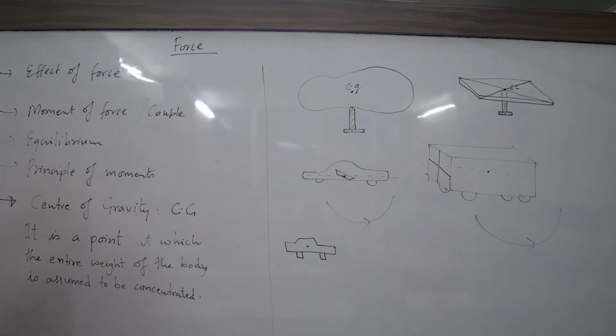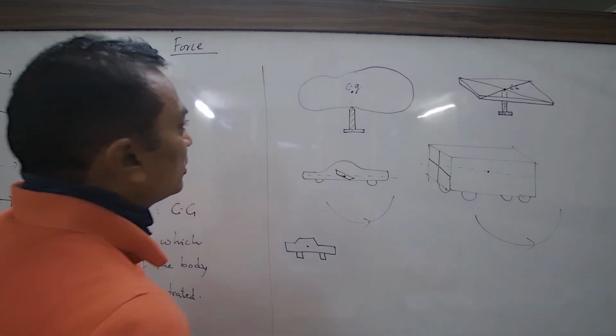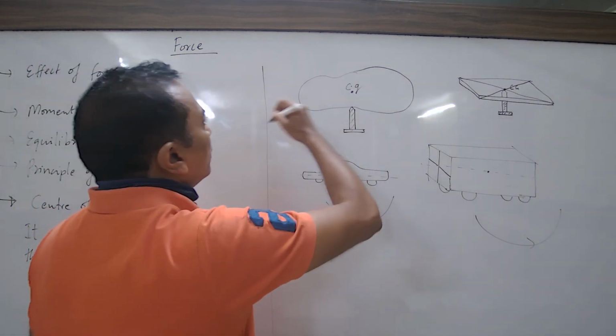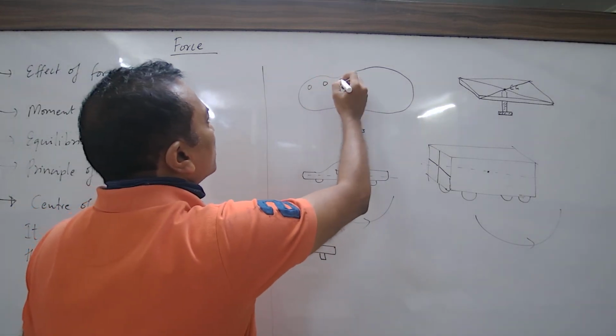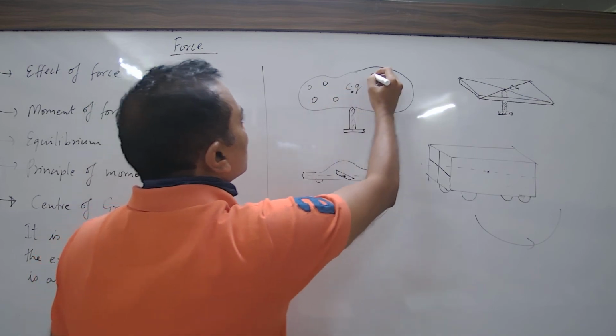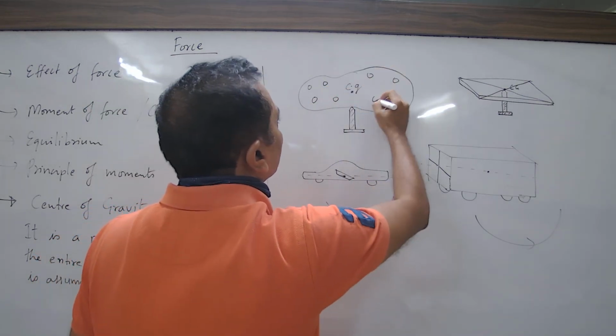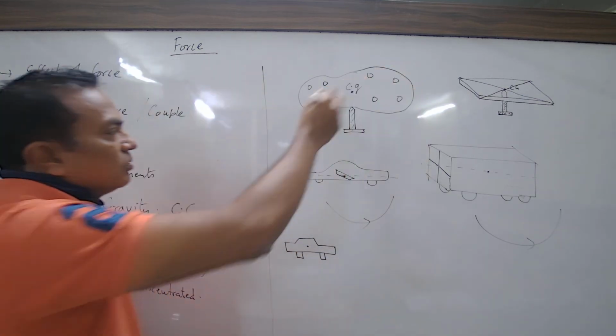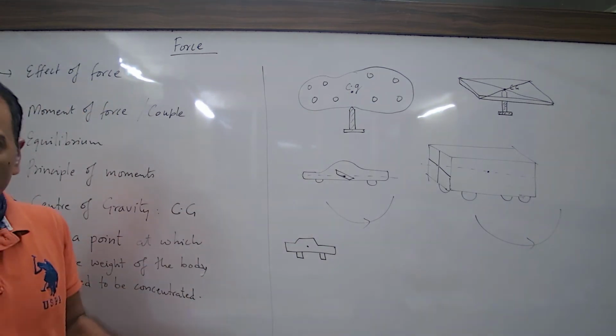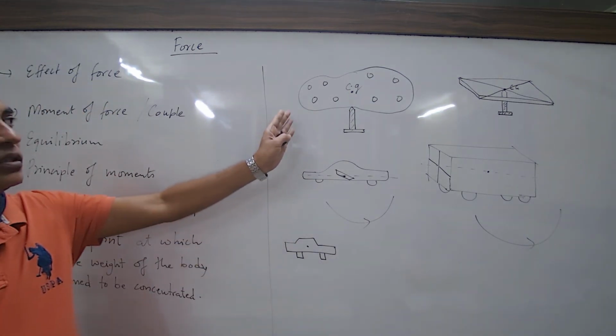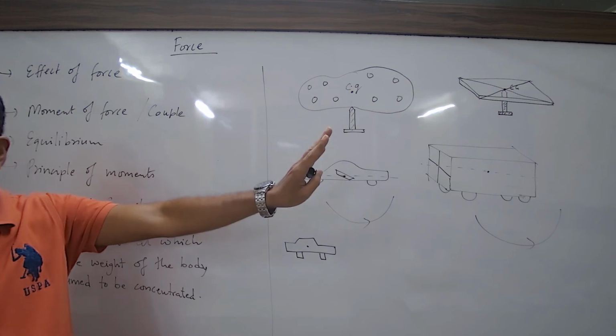If it is toppling, that means there is a moment of force. Isn't it? So if I imagine this was the total weight, made up of so many constituent particles, let us say potato is an element, so all its constituent atoms would be identical.